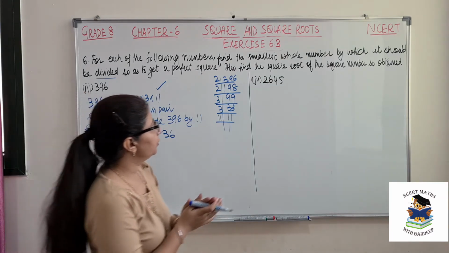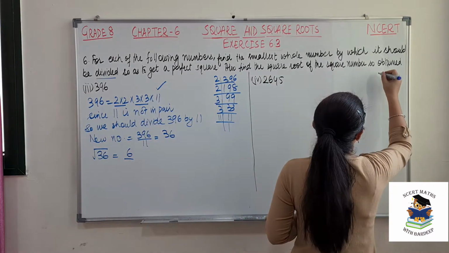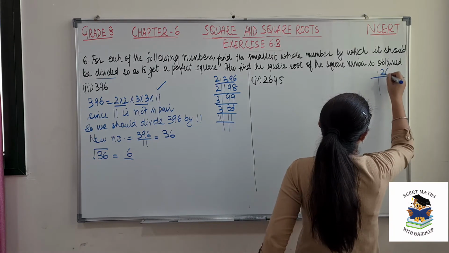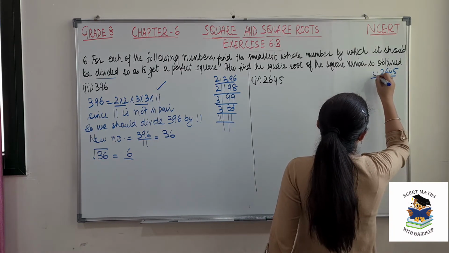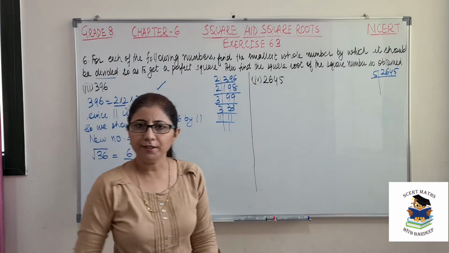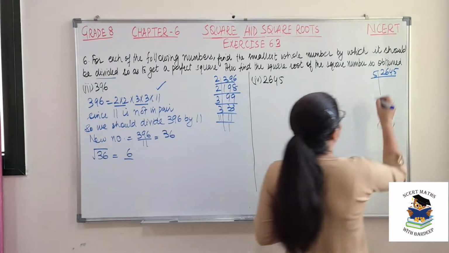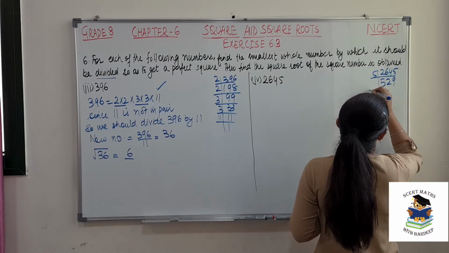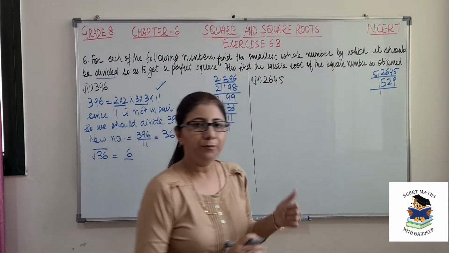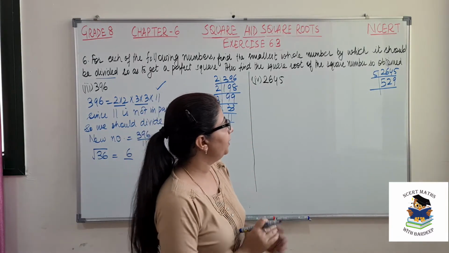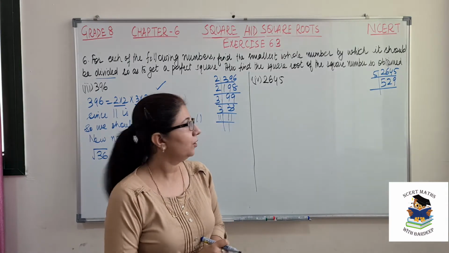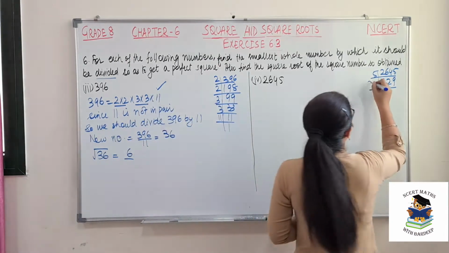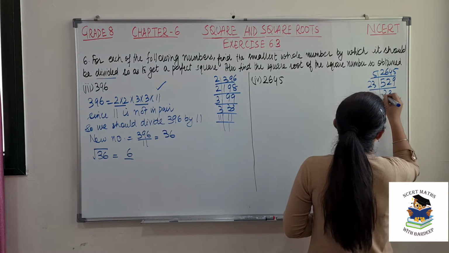So let's see the fourth part. This is 2645. Since this is ending with 5, it will definitely go in the table of 5. So 5 5s are 25, then 5 2s are 10, 529. In the previous question we know that 529 is a square of 23, so this will go in the table of 23.